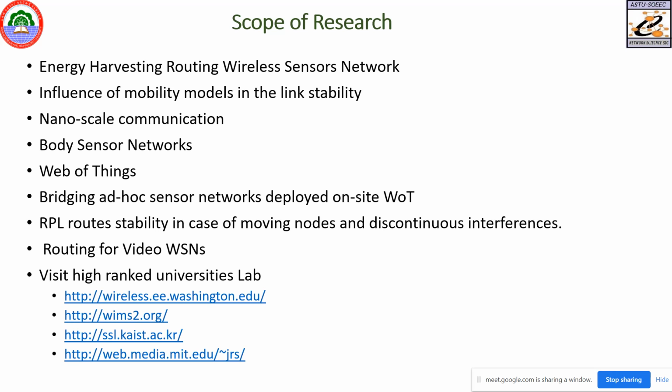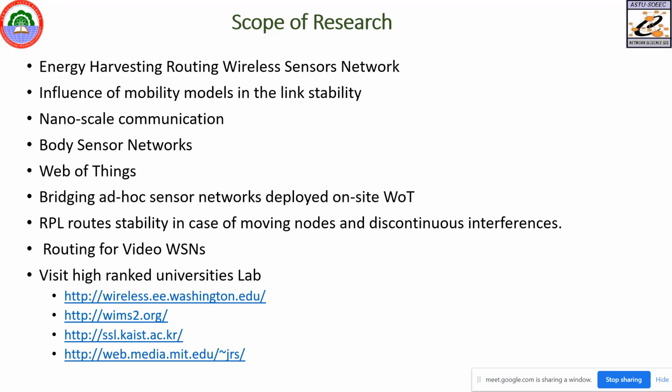The influence of mobility models on link stability is one topic, and there is huge future scope in nanoscale communication and body sensor networks. Body area network is different from body sensor networks.